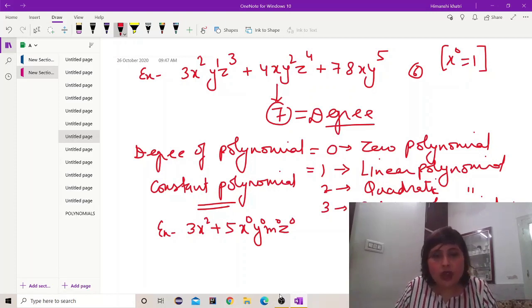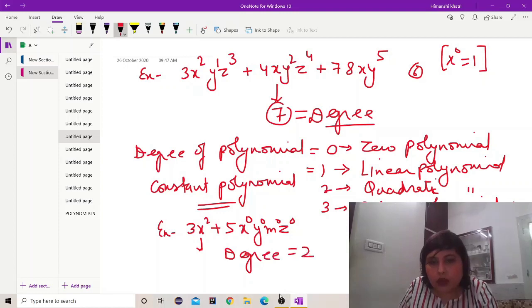Okay, so how can we calculate the degree of this, 3x square plus 5x to the power 0? Now we have to check which term has the highest power of the variable. Here we have a power of 2 and here we do not have any variable, hence the degree of the polynomial becomes 2.